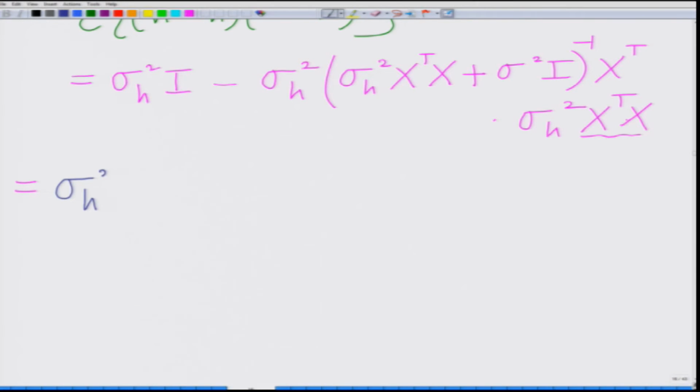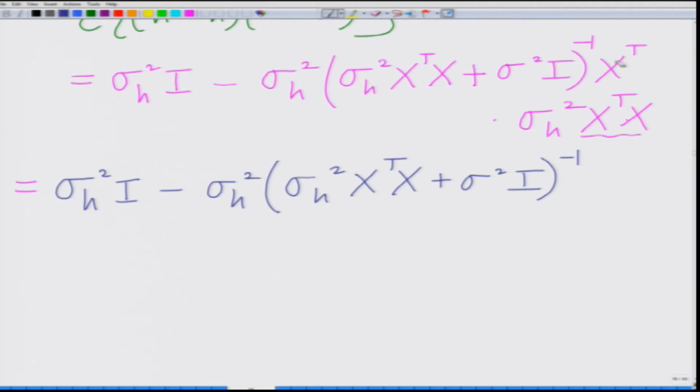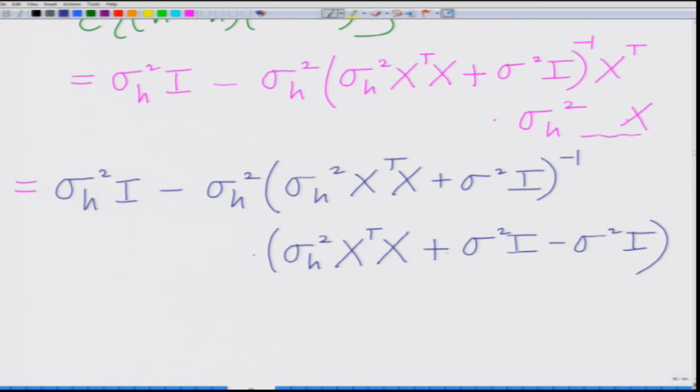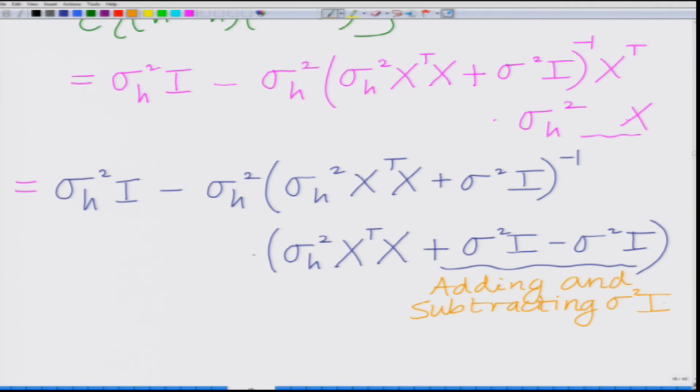This will be sigma h square identity minus sigma h square into sigma h square x transpose x plus sigma square identity inverse, and now into this I have x transpose x times sigma h square x transpose x plus sigma square identity minus sigma square identity, adding and subtracting sigma square I.